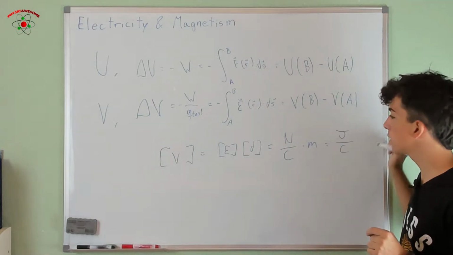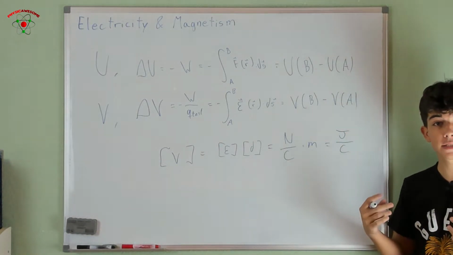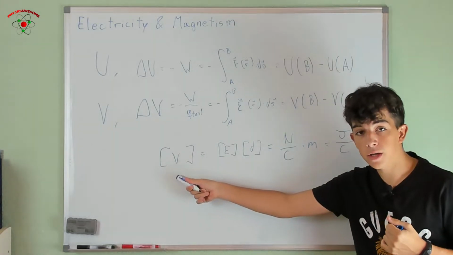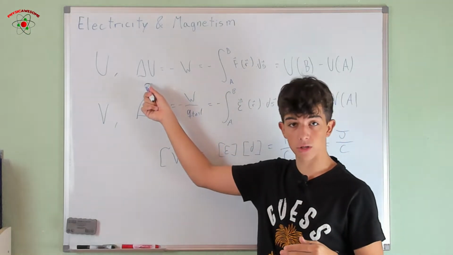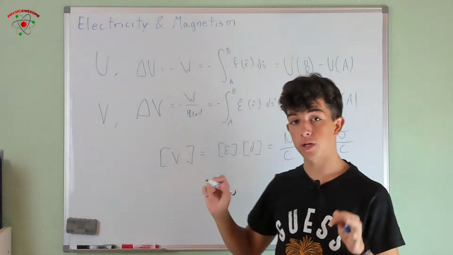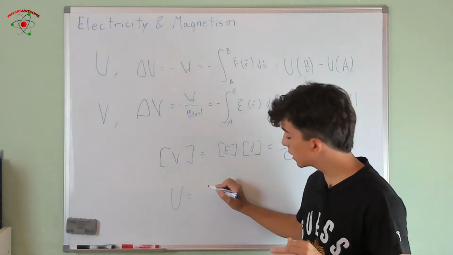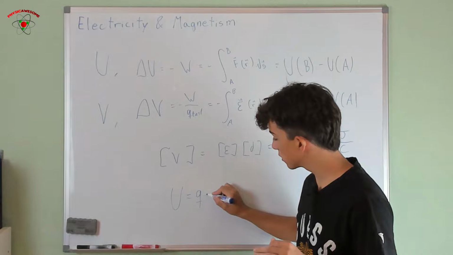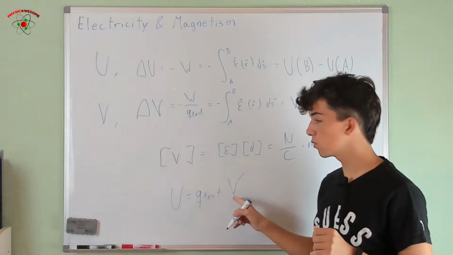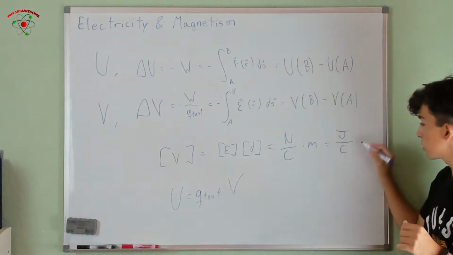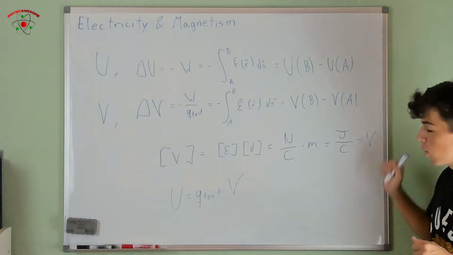So the units of the electric potential are going to be joules over coulombs, and this makes sense because we want it to be something that if we multiply by a charge, it is going to give us an energy. So this is a very important relationship: any potential energy is equal to the test charge times our voltage, because that's what this is called. And furthermore, there is a special name for this unit, as it's the voltage. We measure it with volts.